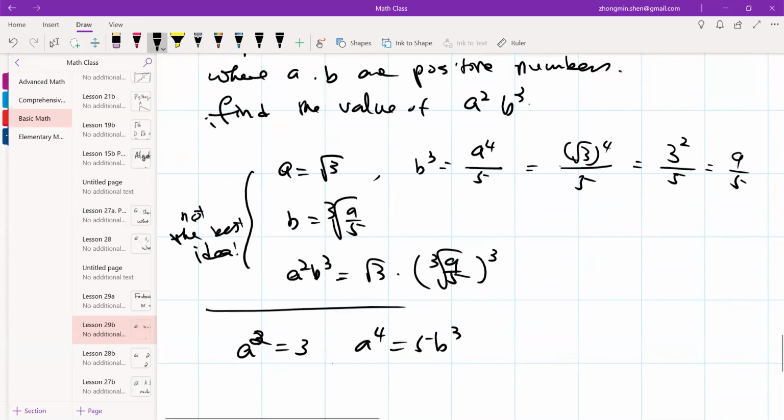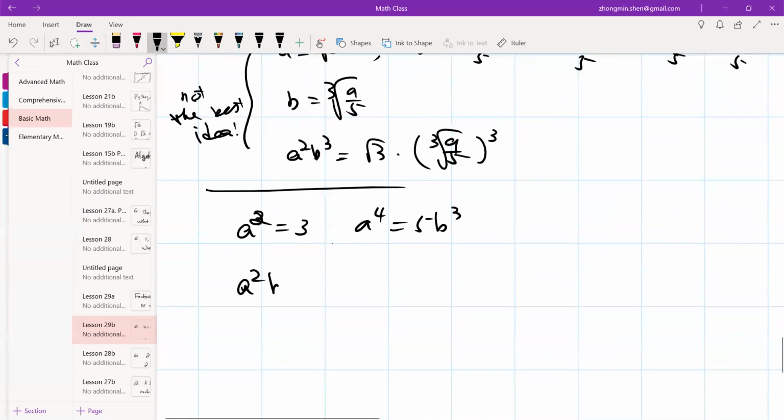I'm going to find A squared plus B cubed. So just replace B cubed by A to the 4th power divided by 5. You don't need to find B, just find B cubed.